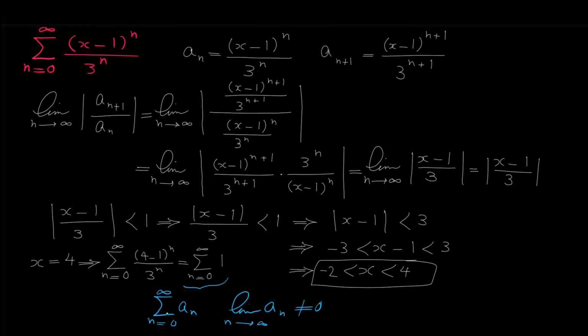For this series, a sub n is 1 and the limit of 1 as n approaches infinity is 1, which does not equal 0. So this series is divergent based on the divergence test.